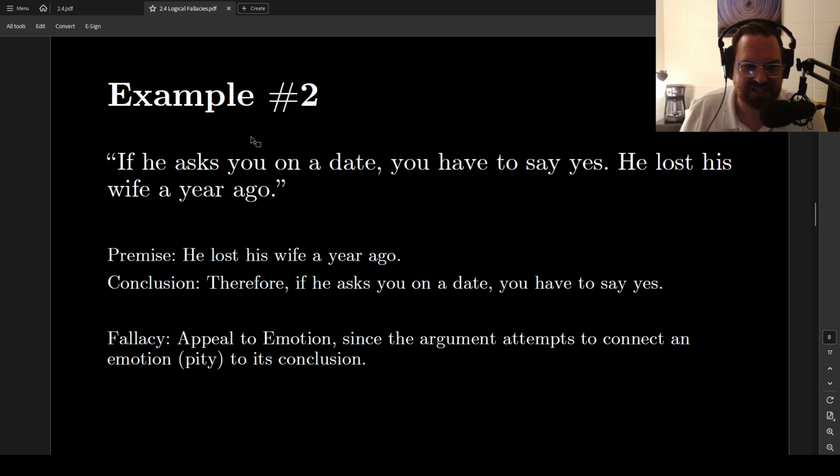The fallacy is the appeal to emotion, since the argument attempts to connect an emotion, which in this case is pity. Oh, you feel bad for him, don't you? Oh, you must go on a date with him because you feel bad for him. Just a point of advice, relationships tend not to work when they're based on pity. Just pointing that out.